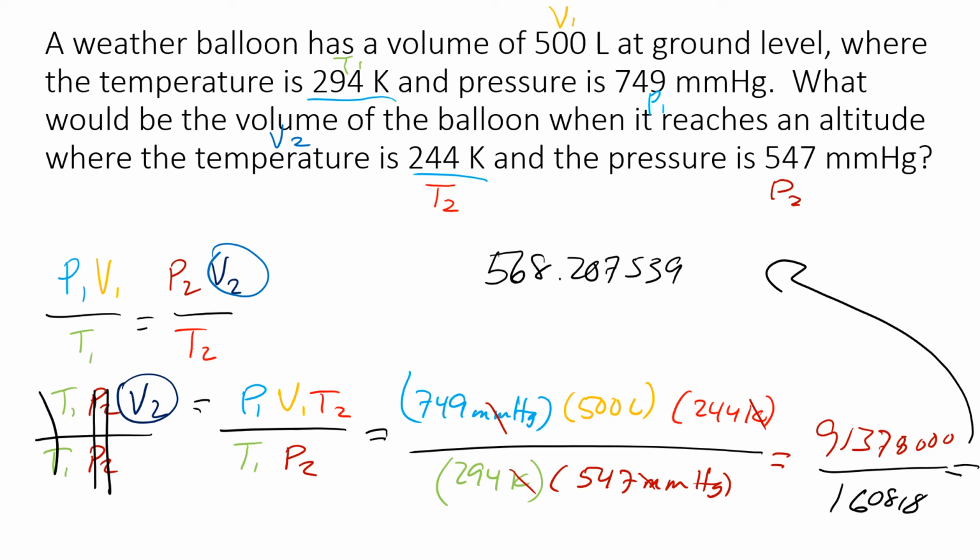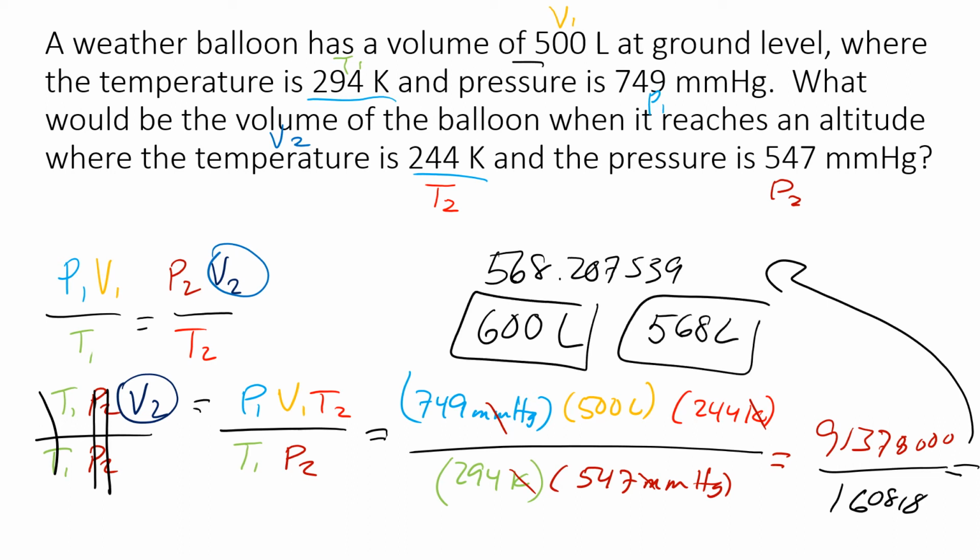So for this one, because it's a little confusing, we can do 1 sig fig, and that will make it 600 liters. Or if you happen to do 568 liters, I'm okay with either one in terms of this stuff.